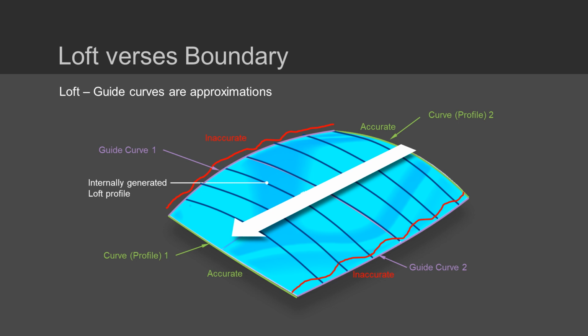The guides are approximations. Remember, they're approximations based on the temporary profiles that are created invisible to you. And because of that, sometimes it's hard to knit or match guide curve edges of lofts. So this also doesn't occur with Boundary, because Boundary gives a very accurate result at either first or the second direction curves.